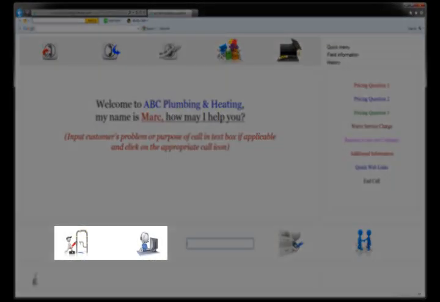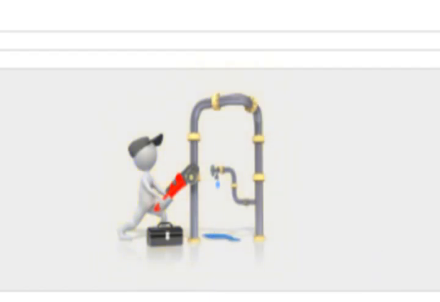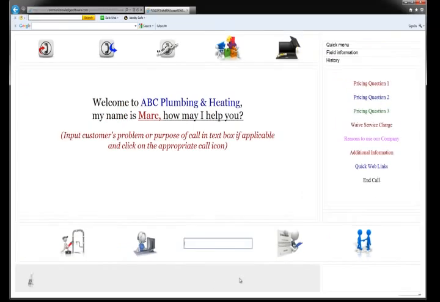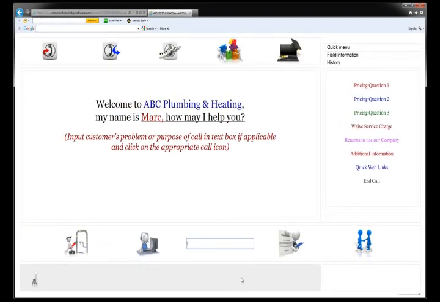The icons represent the various types of calls to choose from, starting with a regular service call, a customer support call, a vendor or internal issue, or a personal call. Depending on which choice is selected, the appropriate follow-up script will be displayed. So let's continue.